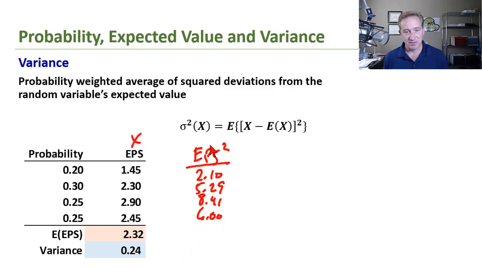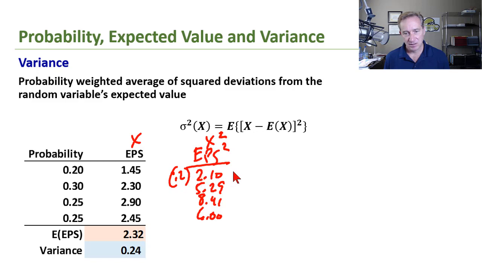So now I have x, and then I have x squared here. And then if I say, what's the expected value of x squared, I'm multiplying the 20% times the 210, right?